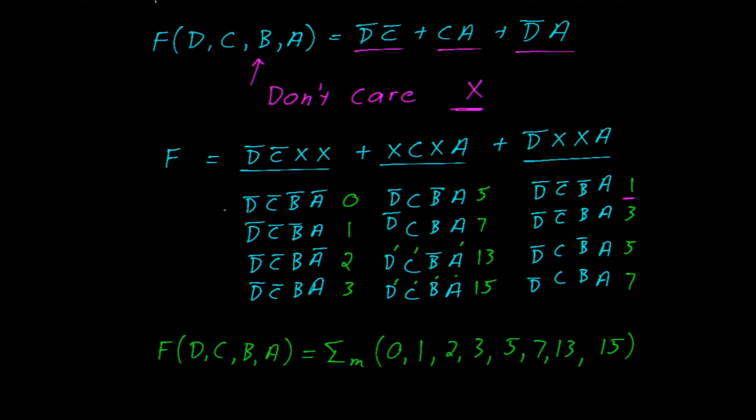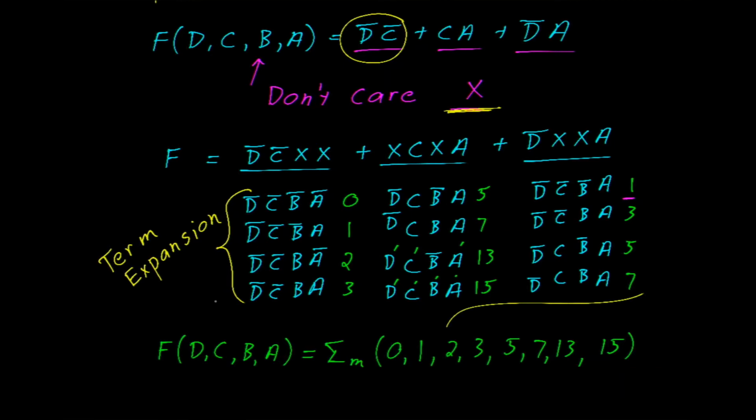Let's call this technique term expansion. We took a term that was decidedly not a minterm, and we expanded it. For those missing terms, we put in the don't cares, and when we expanded it all the way, we were left with the minterms. We then collected all the minterms together and came out with this equation right here.